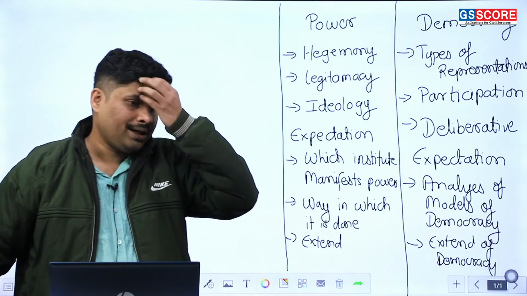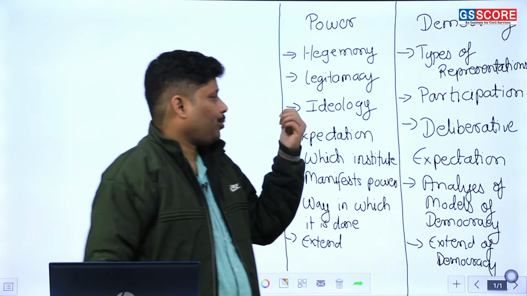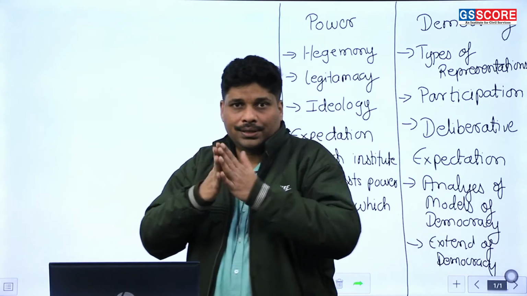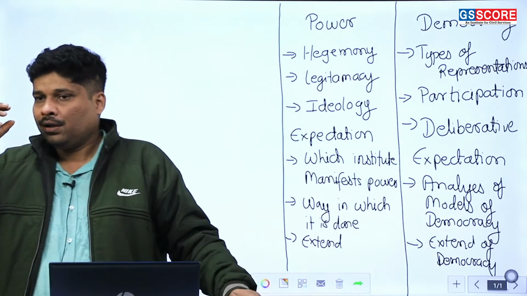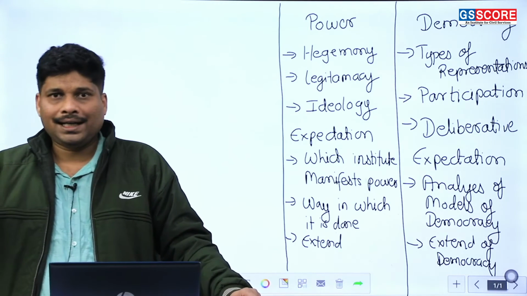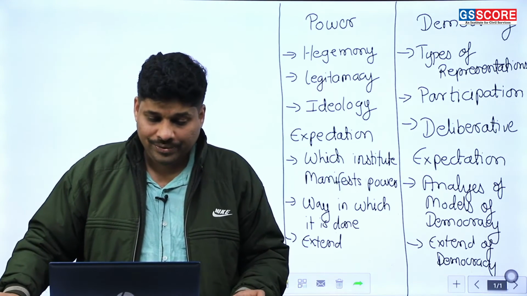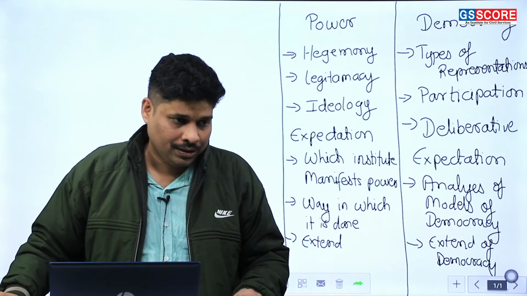For example, if you write about power, if you write about hegemony, what will also come up, if the question demands, is the interlinkage between the concept of hegemony and the way in which China has been behaving in the Indo-Pacific.